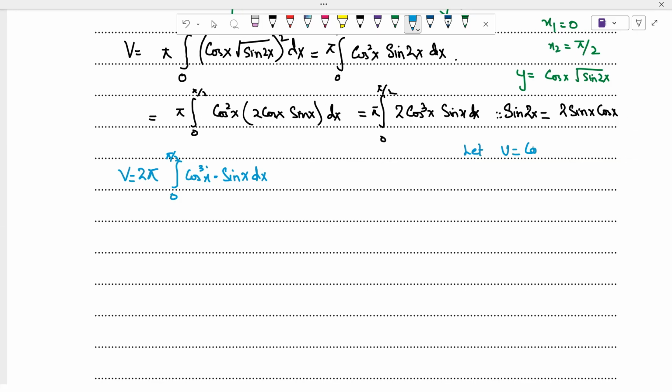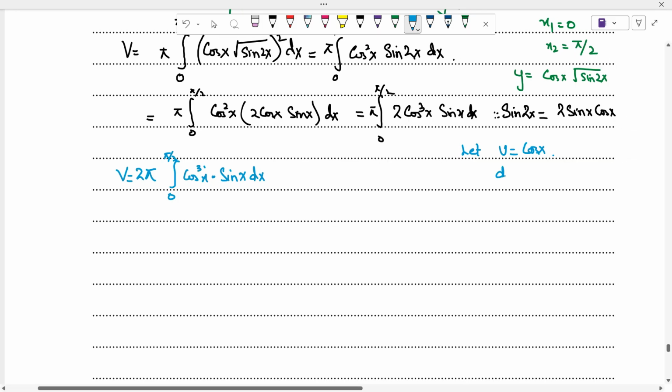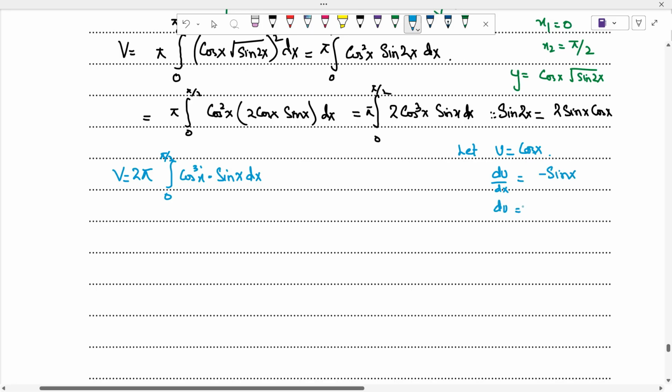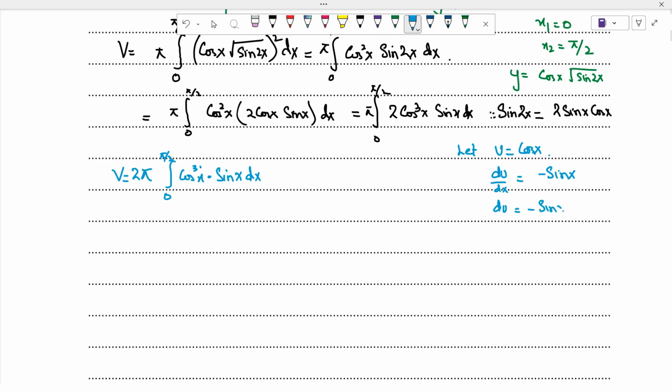Let u be equal to cos of x, and du with respect to dx is equal to negative sine of x. So du is equal to negative sine of x dx, or you can say that negative du is equal to sine of x dx.